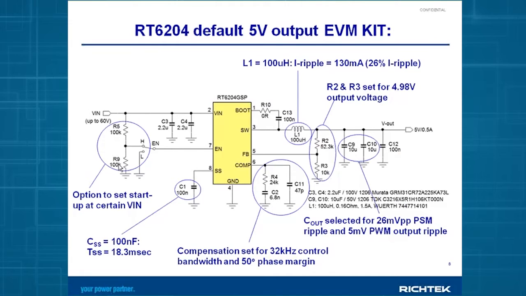For example, if you would like to start up at 10 volts, then you have to set the divider in such a way that the enable threshold of 1.25 volt is reached when the input voltage reaches 10 volts. The output capacitors here are selected for about 30 millivolt peak ripple on the input voltage rail. So these are the design targets of this evaluation kit.